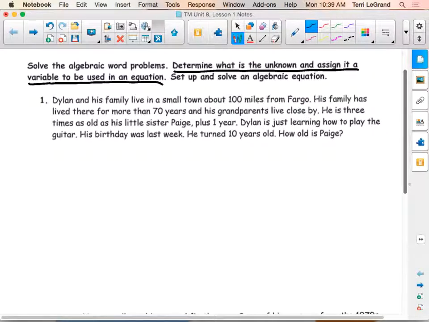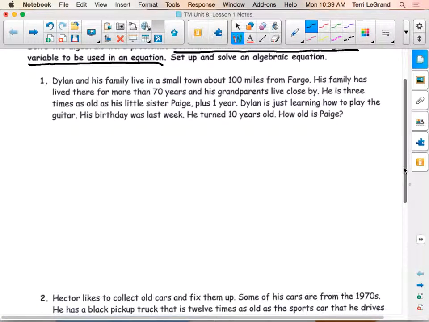That's your first thing you're always going to do. After you've read through the problem and done some thinking about what are some of the important things in here and what can I eliminate, we need to give the unknown a variable. Okay, we're going to assign it a variable, and then we'll use it to set up and solve an equation.